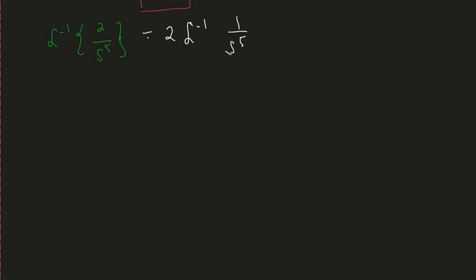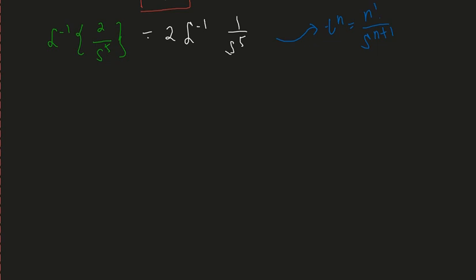So, pwede natin ma-relate sa aton Laplace nga mga formulas. So, we'll have t raised to n is equal to n factorial all over s raised to n plus 1.